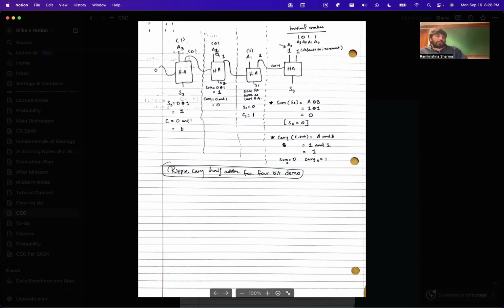Here you're just doing 1 and 0. The sum is 1, your carry is 0. And then in this case, you're just doing 1 and 0 again. So this is a ripple carry adder. You're rippling the carries through the sequence of adders, and even though at times the carry can be 0, you still treat that as a carry in this ripple system.